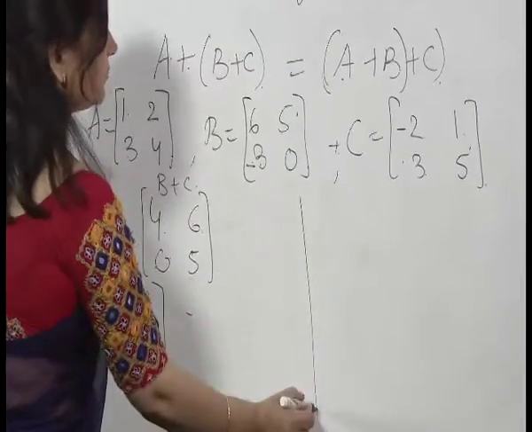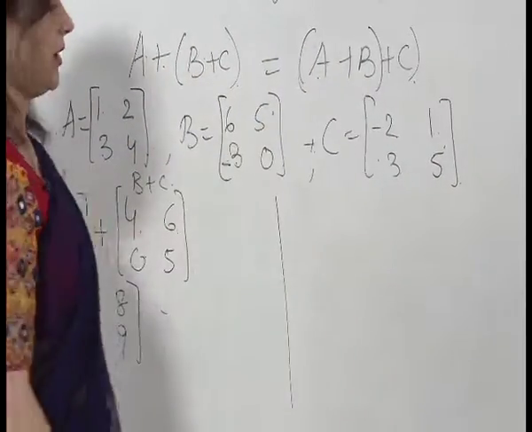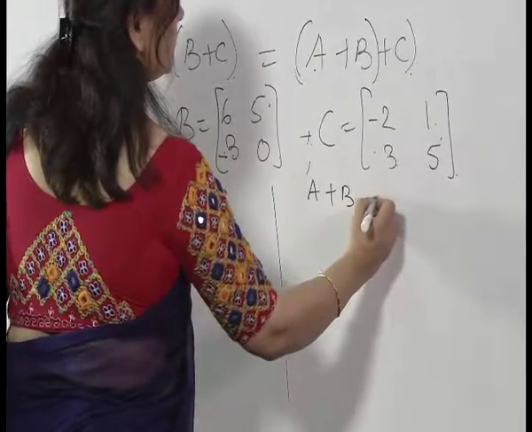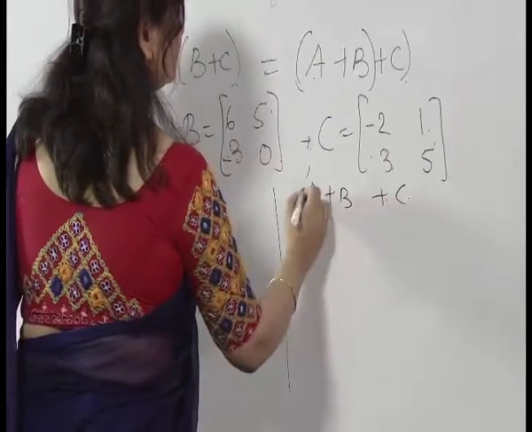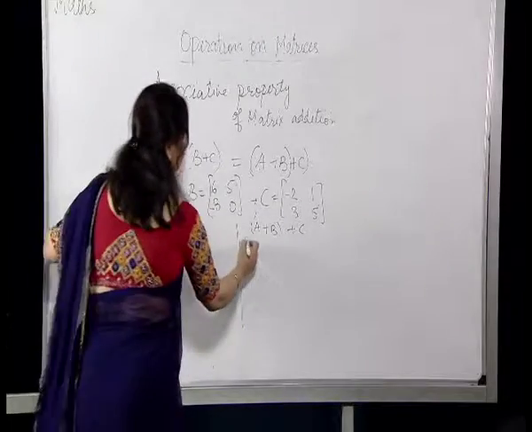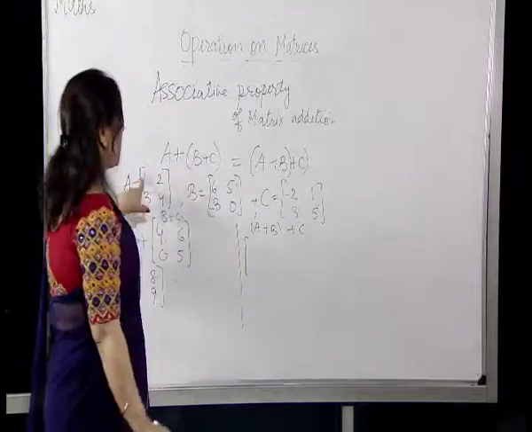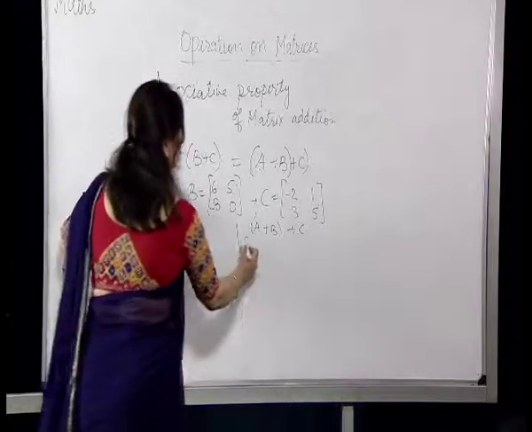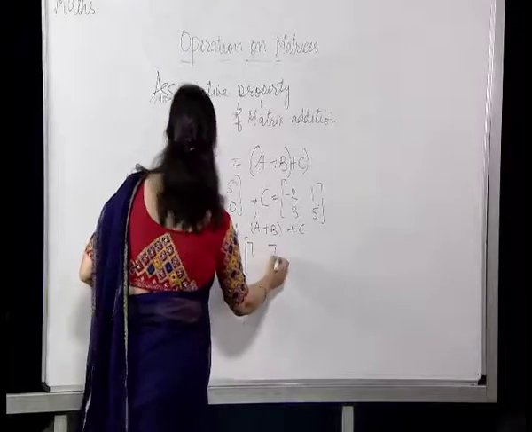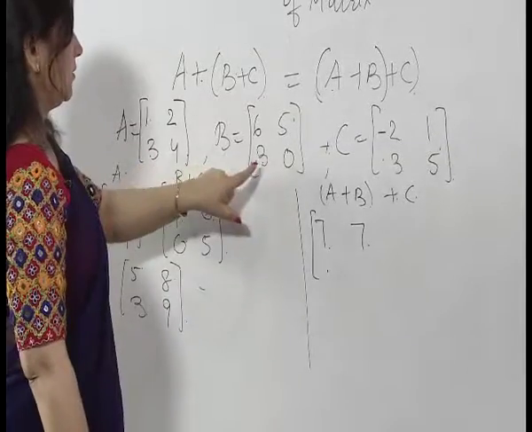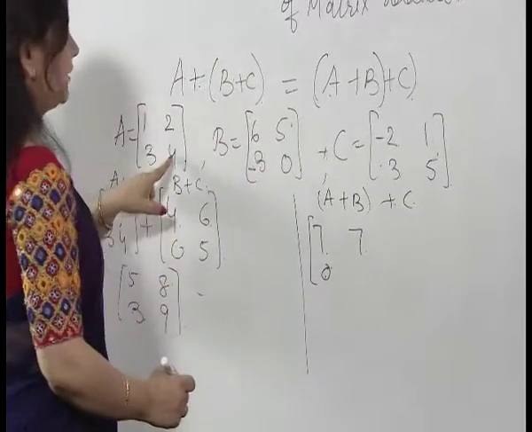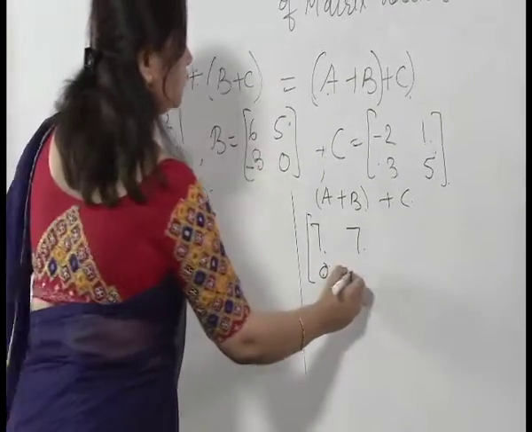Now I will proceed to find this one. I will find A plus B first and then I will add up with C. A plus B: 1 plus 6, 7, 2 plus 5, 7, 3 minus 3, 0 and 4 plus 0, 4.